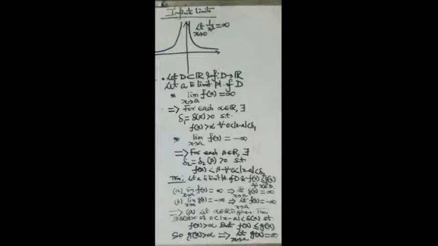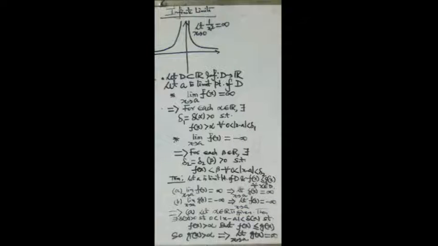Suppose D is a subset of R, and f is defined from D to R. If A is a limit point of D, then the limit as x tends to A of f(x) is infinity.